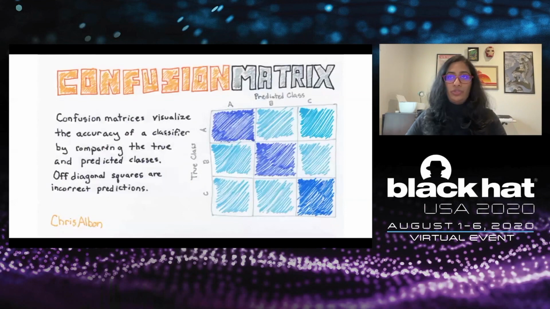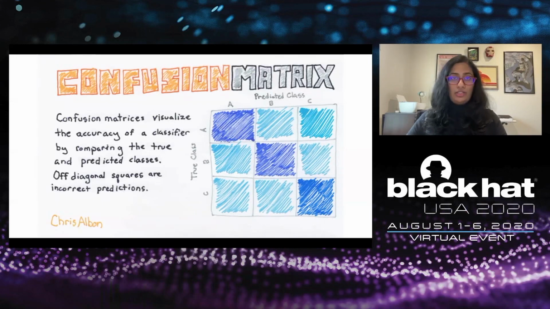The next one is the confusion matrix, another important one. This is also known as an error matrix and is a specific table layout that allows visualization of the performance of an algorithm, right? The confusion matrix visualizes the accuracy of a classifier by comparing the true and the predicted classes. As you can see, the diagonal squares are the correct predictions, and the off-diagonal squares are the incorrect predictions.